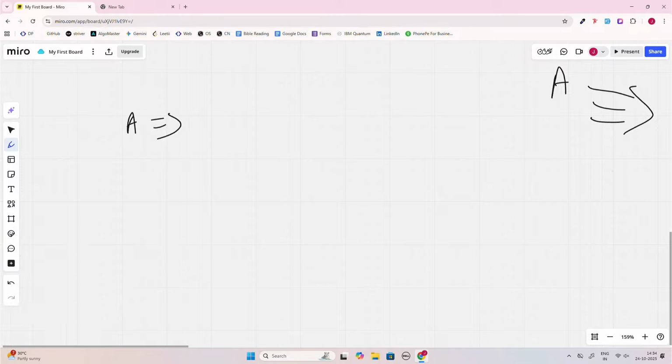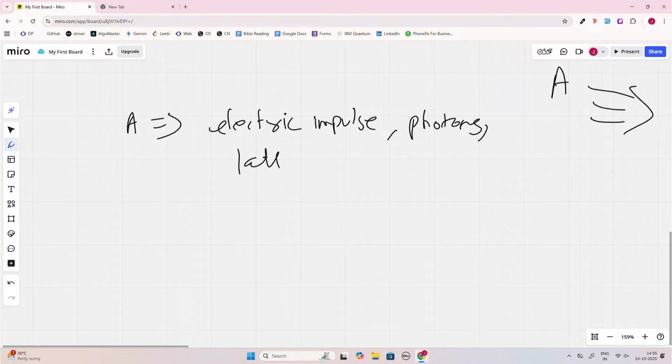Or a lattice structure. That is a good answer actually. You can simply say a lattice structure. I can say A is my laser as well, but instead of directly saying laser, I can say A is photons. That is the real meaning behind it because we are talking about quantum, right? So A can be an electric impulse, or pulses, or electrons, or photons, or lattices, or magnets, like magnetic properties and stuff.